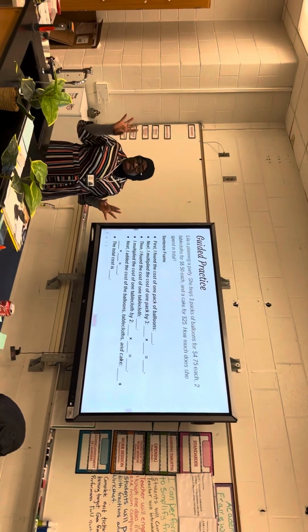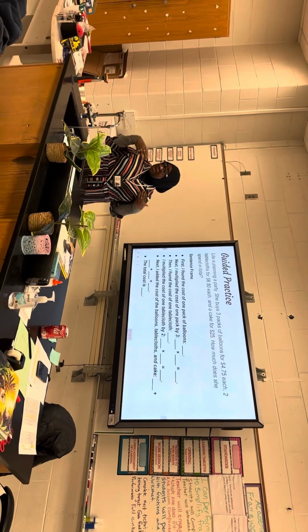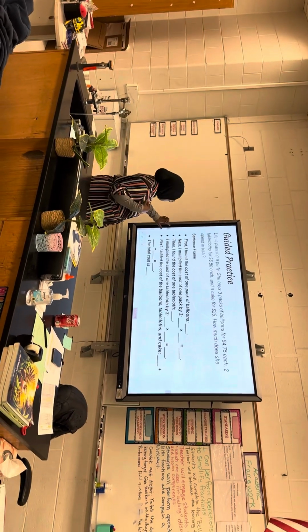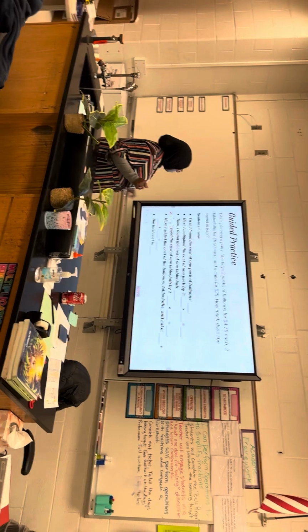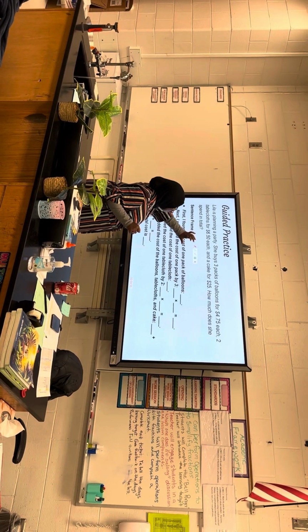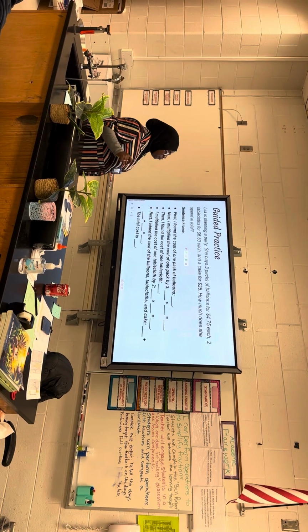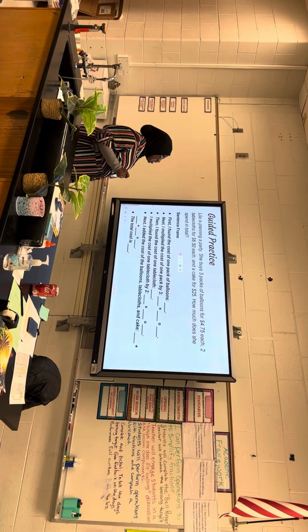Lila is, and for the sake of time, I'm gonna pretend like this is my last read, but we know we read it 3 times. Lila is planning a party. She buys 3 packs of balloons for $4.75 each.